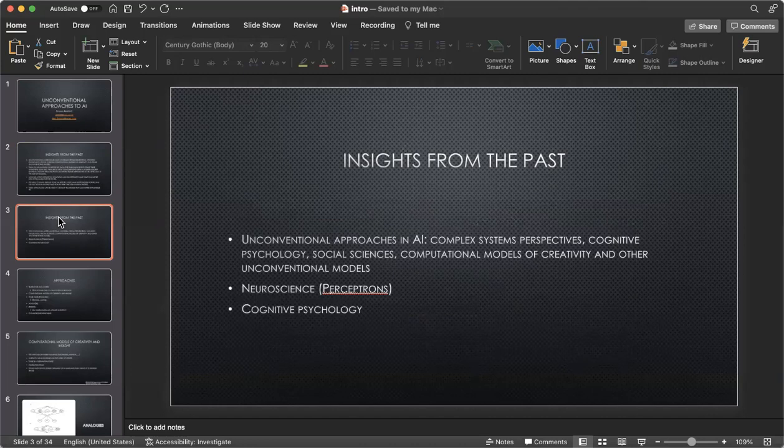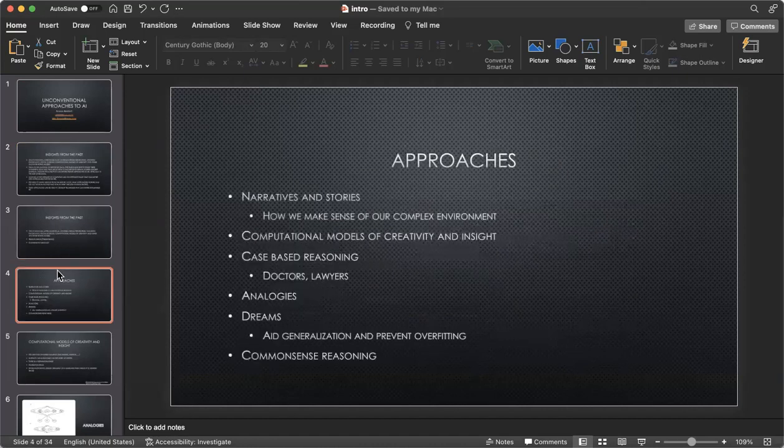So naturally, the history of this goes right back to perceptrons and cognitive psychology and things like that. Some of the approaches that we will look at is how computers can make narratives and stories. Stories are something that humans and potentially other organisms use to make sense of our complex environment. We will look at computational models of creativity and insight.